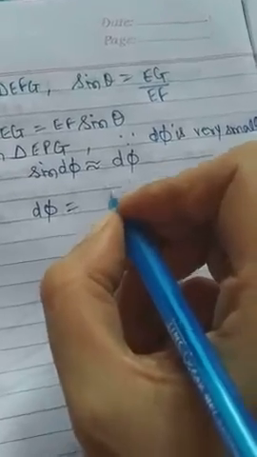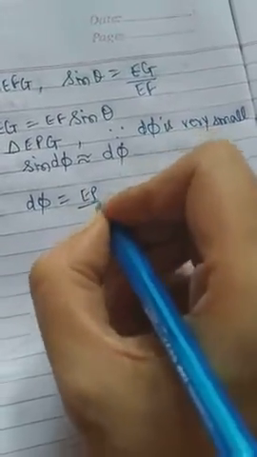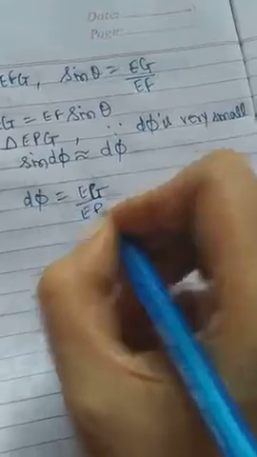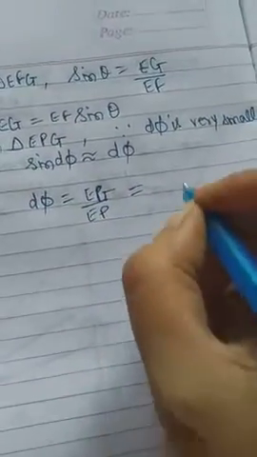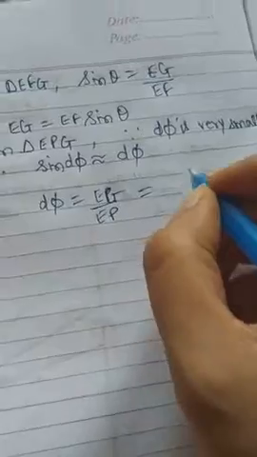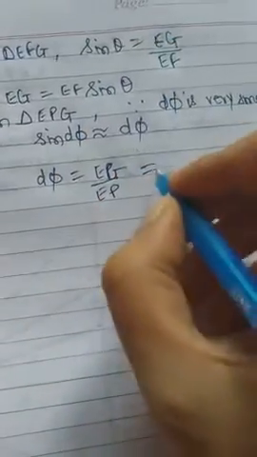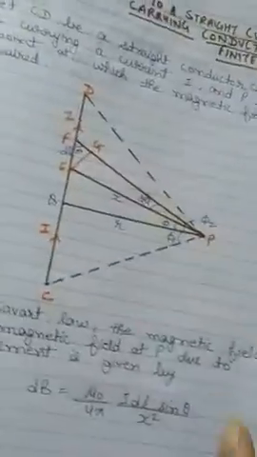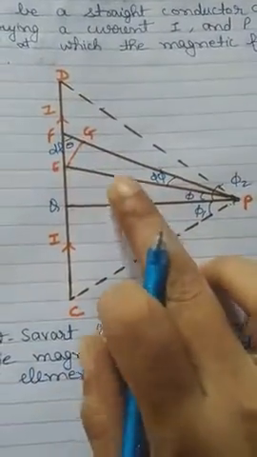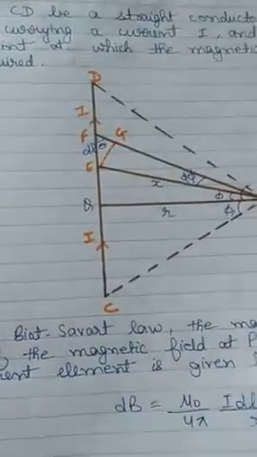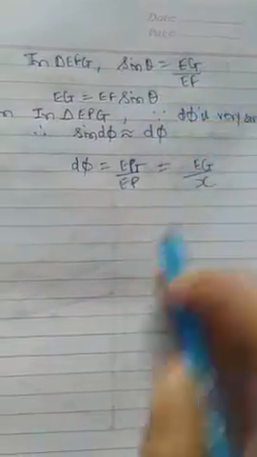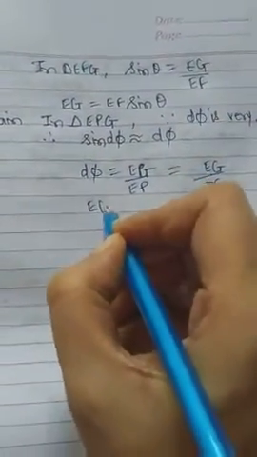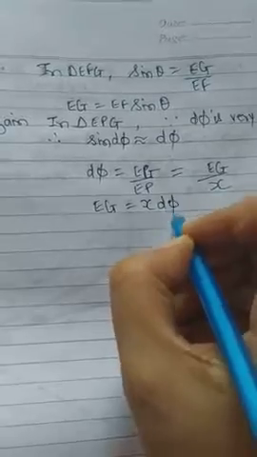So d phi will become equal to EG by EP, and the EP value is x, as you can see here. In the previous case, in triangle EFG, we had got EG is equal to EF sin theta, and here we are getting EG is equal to x d phi.